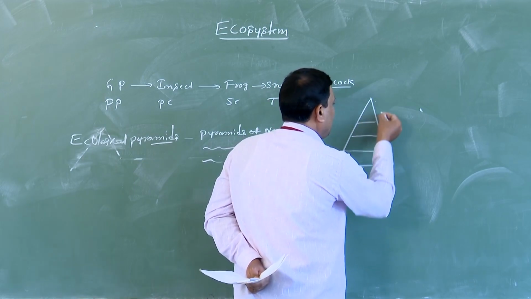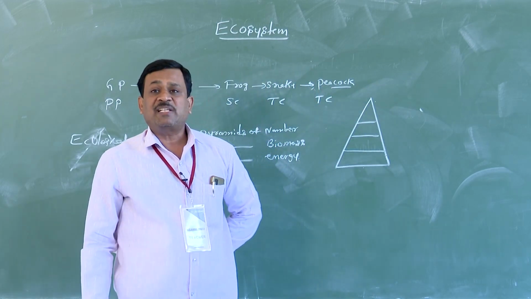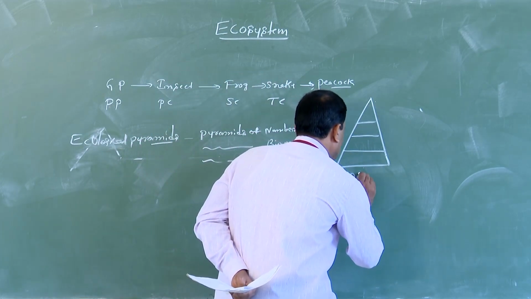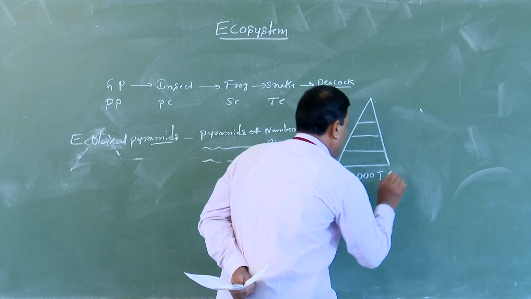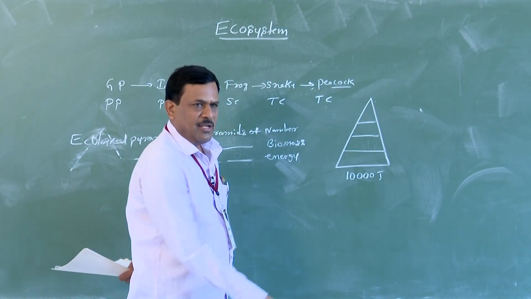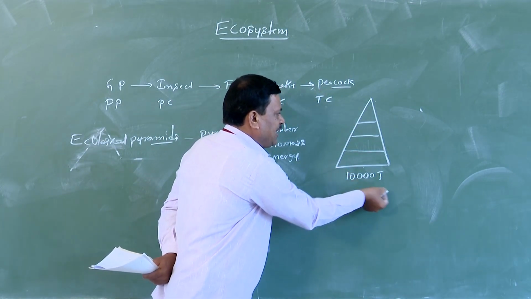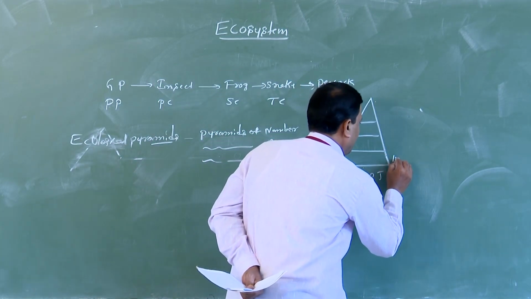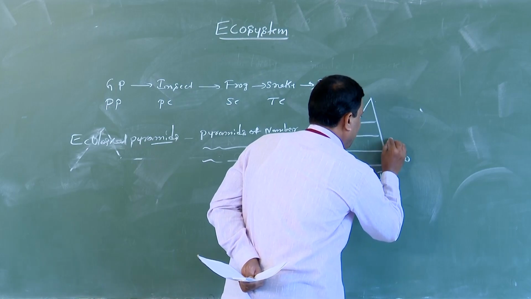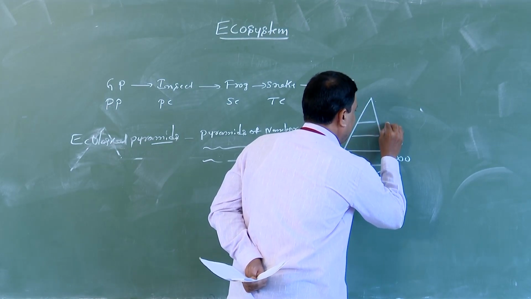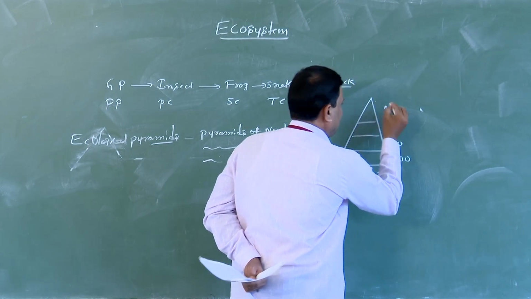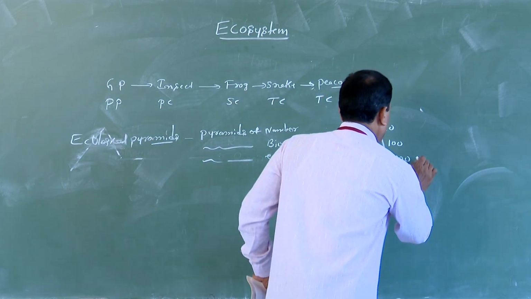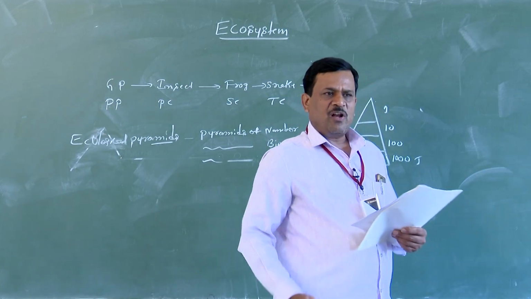That is also called the 10% Lindeman law. Suppose the plant consumes 10,000 joules; the next level T1 gets only 1,000. 10% of that is 100, then 10, then 1. Always upright. These are in the form of joules.